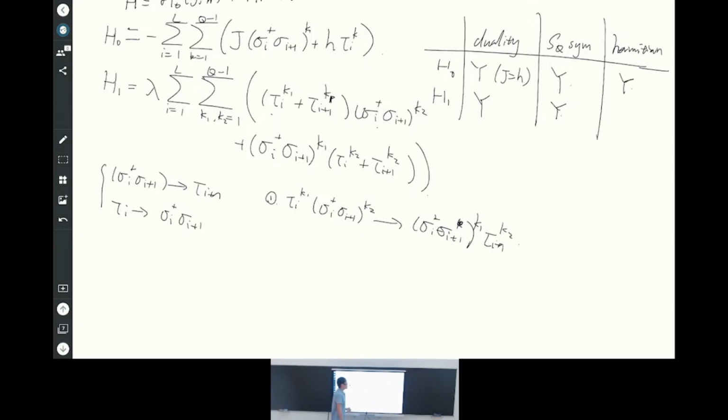H0 is a Hermitian operator, and here we would like to introduce the H1 Hamiltonian to break this Hermiticity by introducing the lambda coupling strength as a complex number, okay? This coupling strength is a constant, and we choose it to be a complex value.